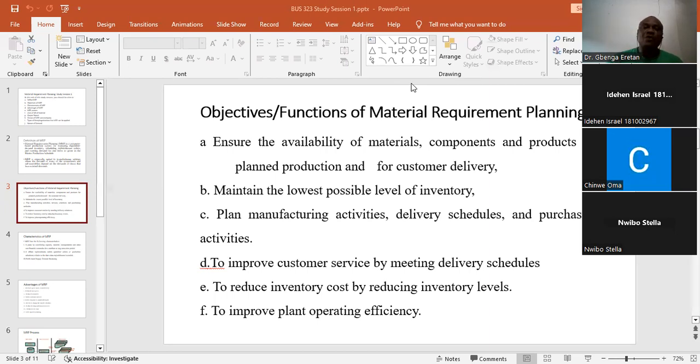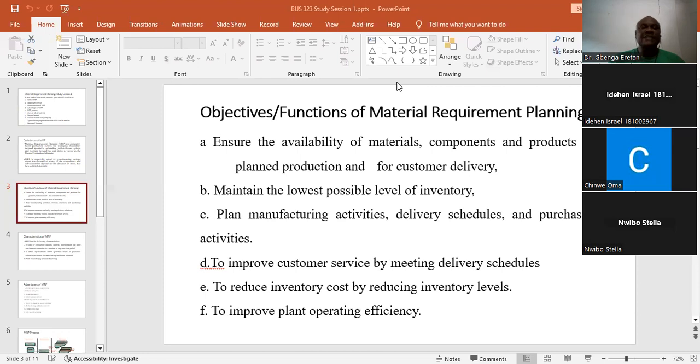So one of the functions or objectives of material requirement planning is to maintain the lowest possible level of inventory. When you do that, you are maintaining a system where you are not going to run out of stock, and at the same time, you are holding a stock that can sustain you before stocks are reordered.